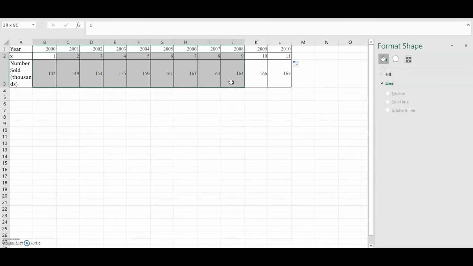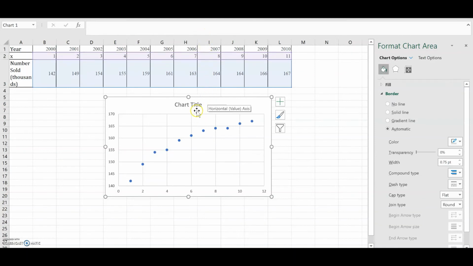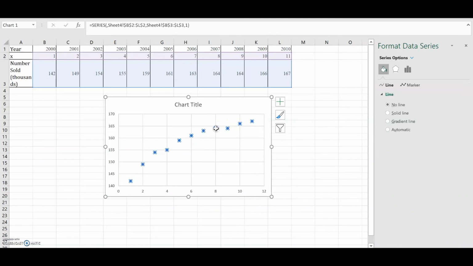Okay, now we can create a scatter plot. And we can see that the increase in our y value initially goes up quickly and then levels out. And this could be described using logarithmic regression.